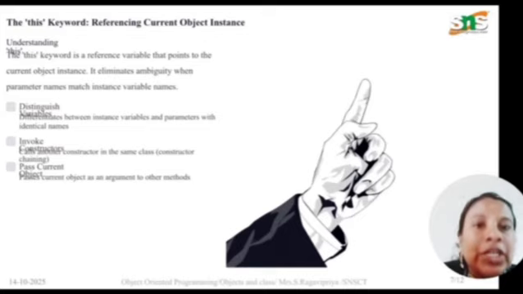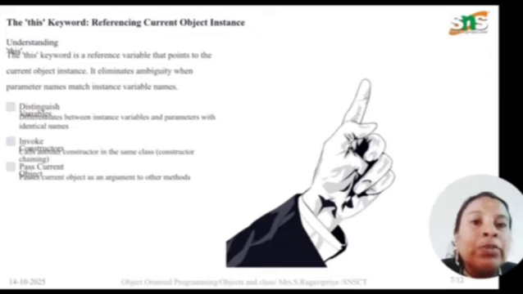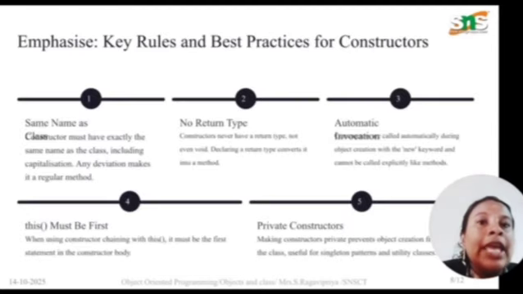It can invoke a constructor, calling another constructor in the same class, which is constructor chaining. It can also pass the current object as an argument to other methods.